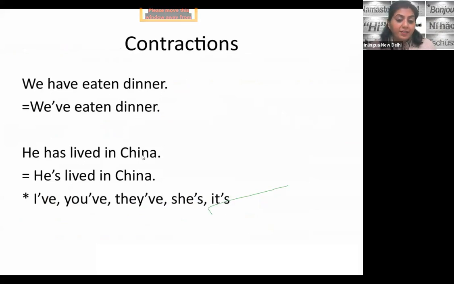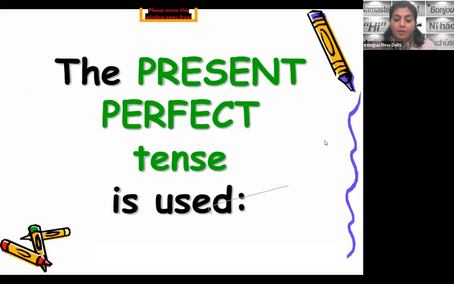He has lived in China. He's lived in China. Similarly, you have other contractions like I plus have becomes I've. You plus have becomes you've. They plus have becomes they've. She's, it's.